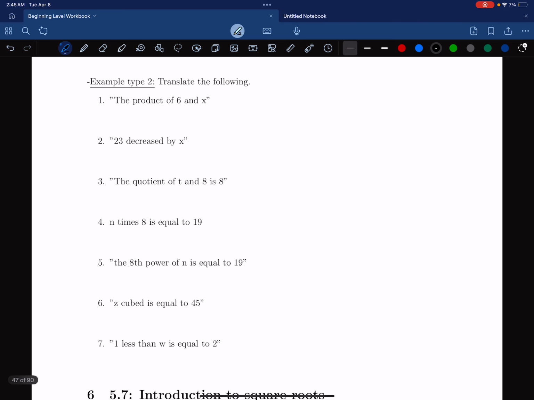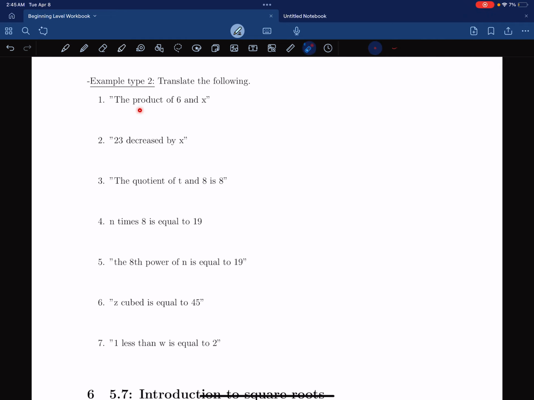Now, looking at our second type of examples, we are going to be doing the same exact thing. We're going to translate everything, but instead of all numbers, we just will have variables now. So the product of 6 and x. So as we've seen, the product means multiplication, and we have 6 and x, so this is just 6 times x.